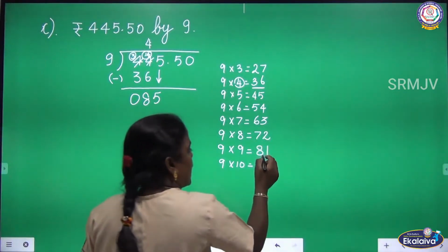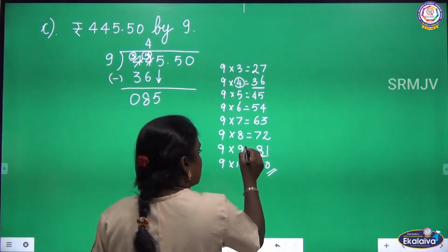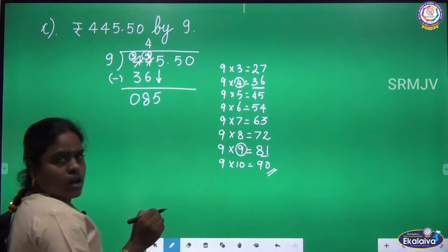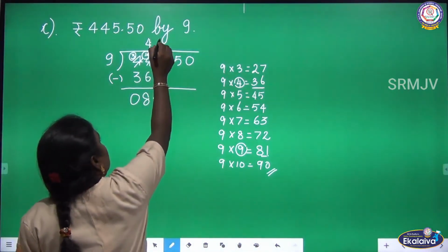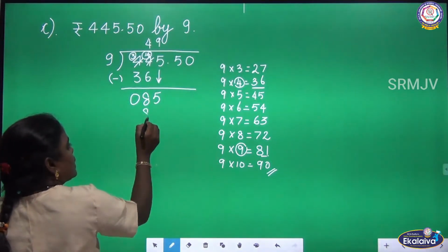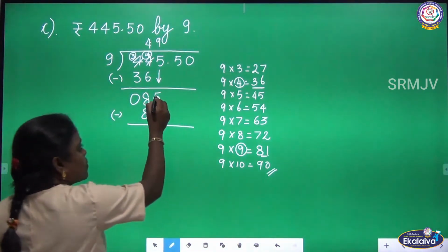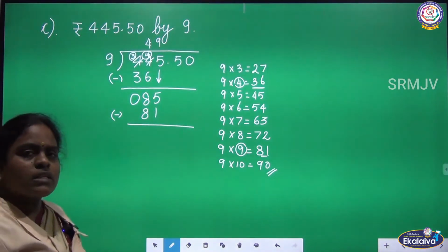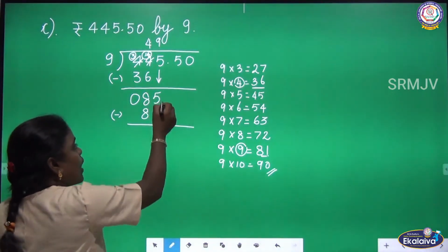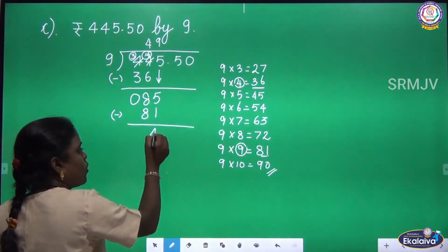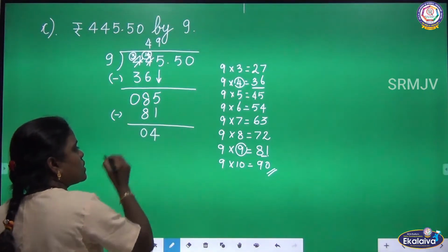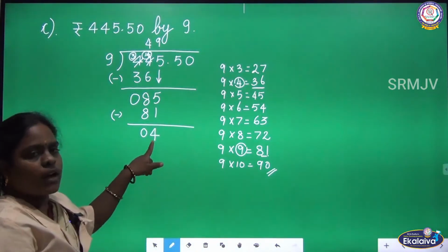So I am going to take the previous one, that is the 9th time. I am going to write 9 in the quotient, 81 below the number. And now subtract 85 and 81. 5 minus 1, it is 4. 8 minus 8, 0. Now I have only 4.